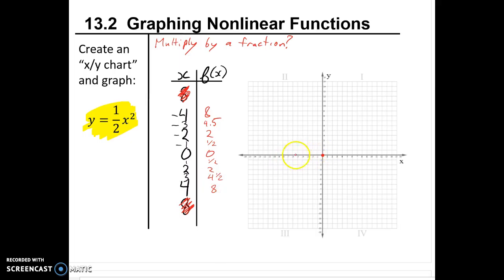At 1, it's going to be a half. At 2, it's going to be 2. At 3, it's going to be 4.5. At 4, it'll be 8 and 8. So we can see what happens here, right? 5 would be 12.5.